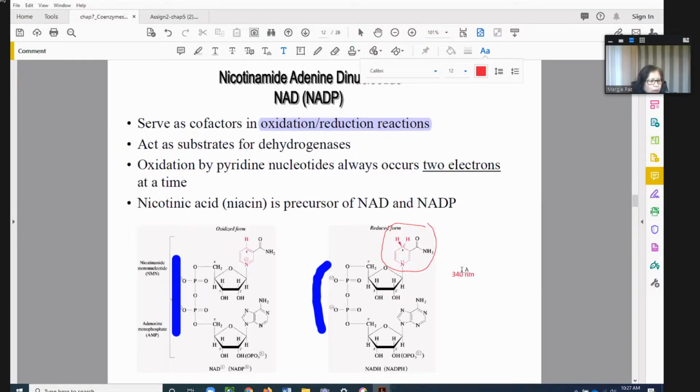Right? The oxidized forms, NAD and NADP, do not. So that is one of the ways to monitor enzyme activity requiring these cofactors, to monitor using, say, a spectrophotometer at 340 nanometers, the levels that is present in the reduced form. Because again, no absorption of light at 340 nanometers by the oxidized form.